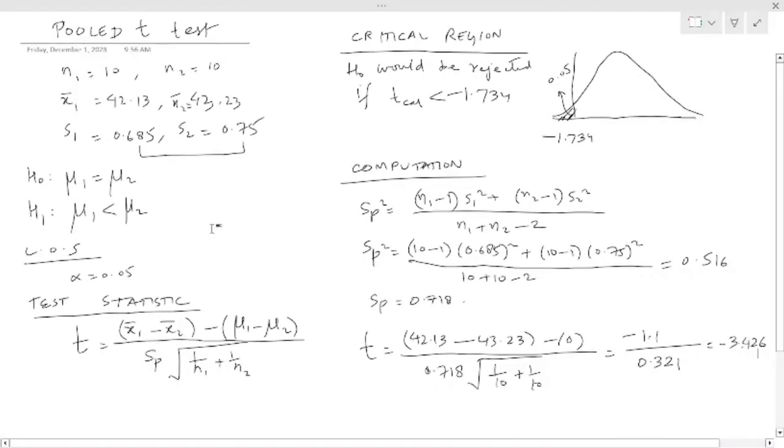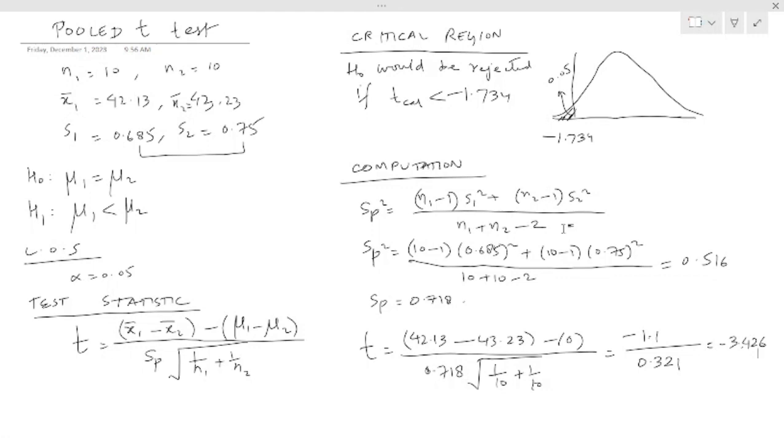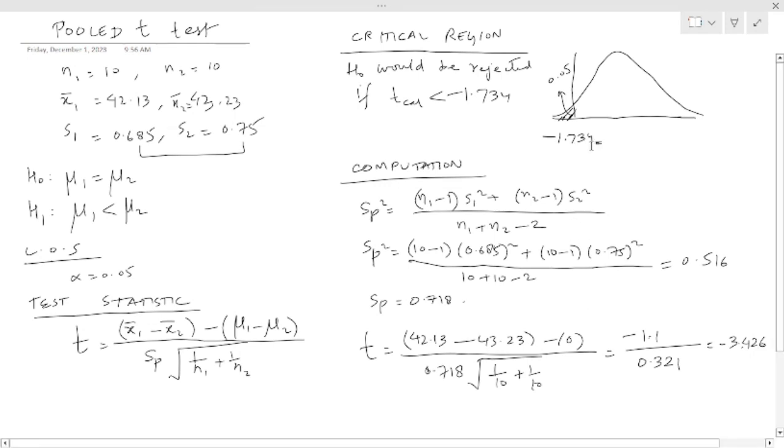What we'll do, we'll refer to the t-table for the degrees of freedom of n1 plus n2 minus 2, that is given as a part of the formula of SP squared. It gives us 18 degrees of freedom. Referring to the t-table for 18 degrees of freedom with 0.05 significance level would give us the value of 1.734.